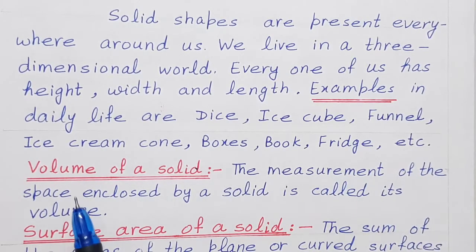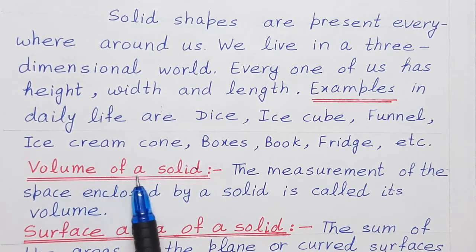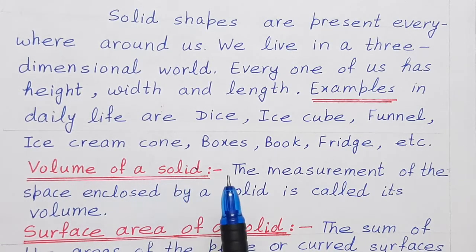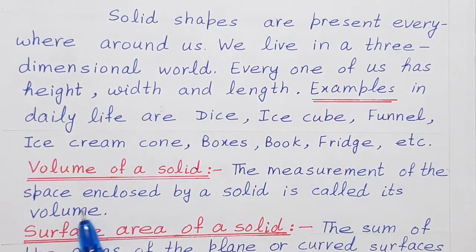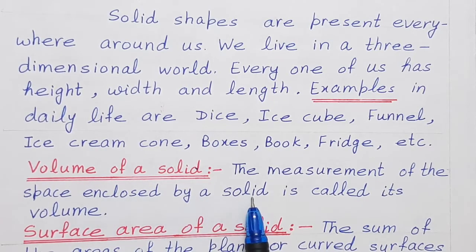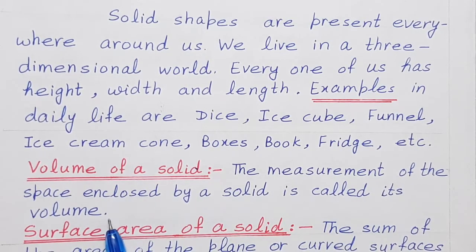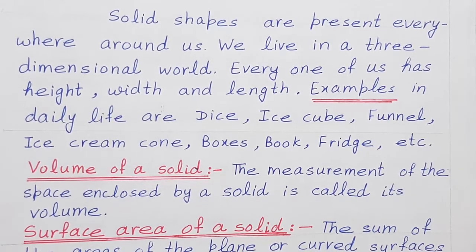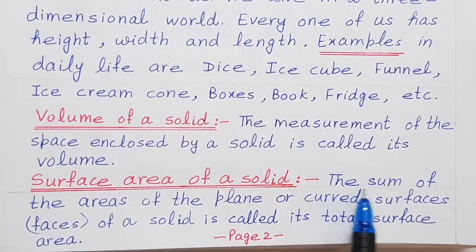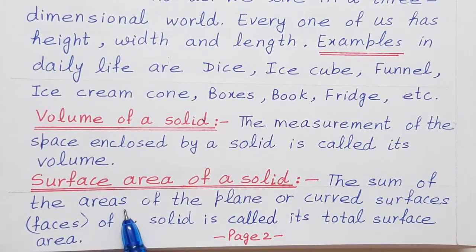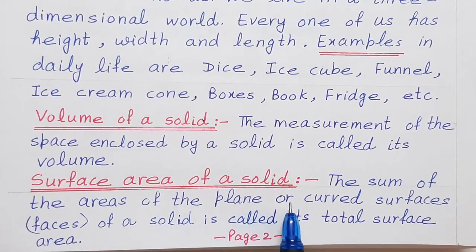Now let us discuss the meaning of volume of a solid. The measurement of the space enclosed by a solid is called its volume. And the sum of the areas of the plane or curved surfaces of a solid is called its total surface area.